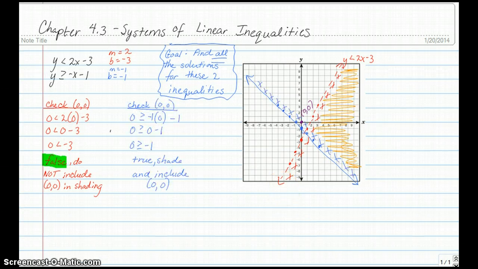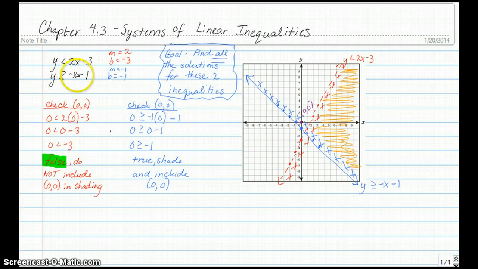We're going to just make little x's all the way down the right side of the line. Now you need to determine what the solutions will be for the blue line. That is your y is greater than or equal to negative x minus 1 line. And you're going to use 0, 0 because the line does not pass through 0, 0. So we put in 0 for y into the second equation.